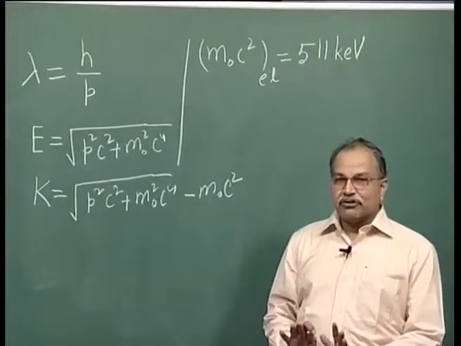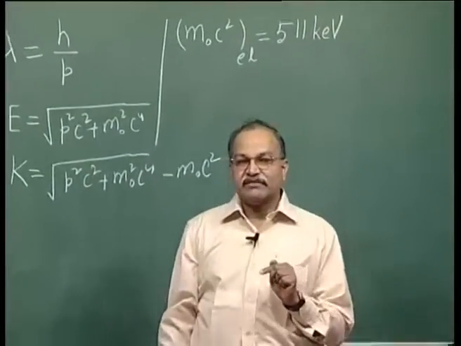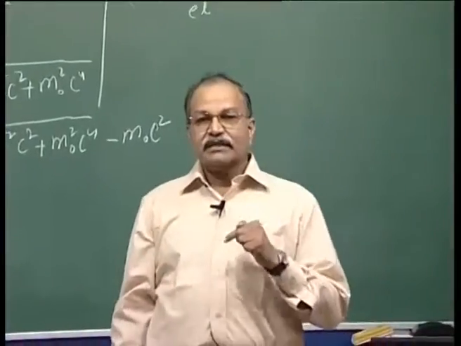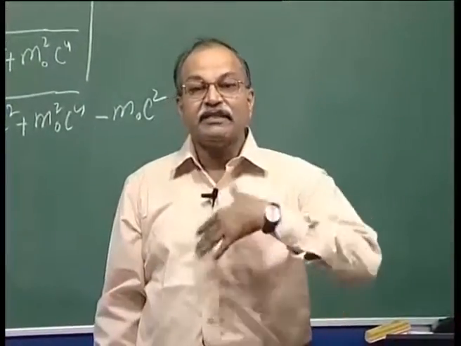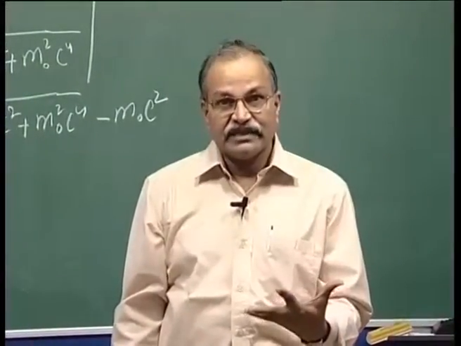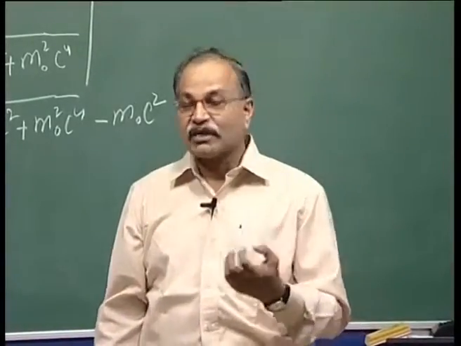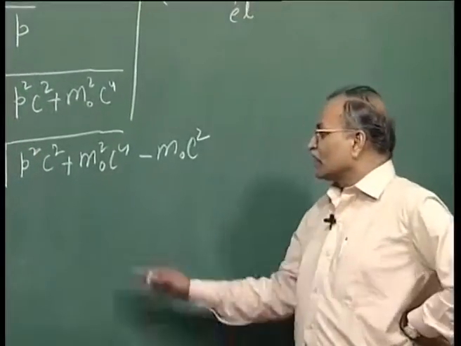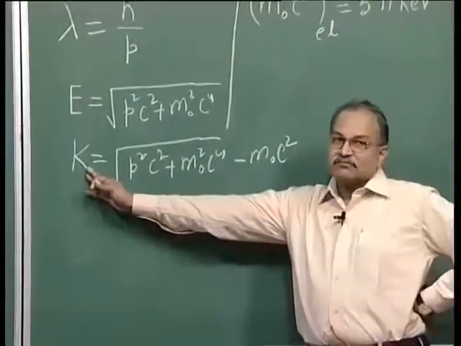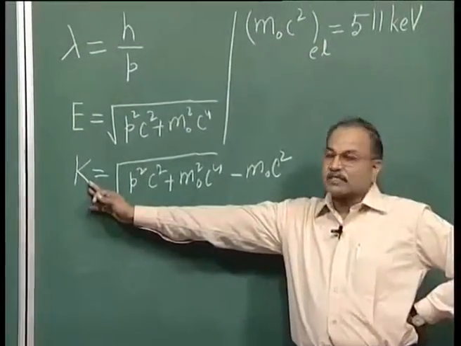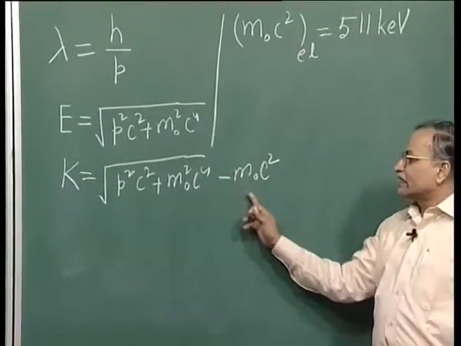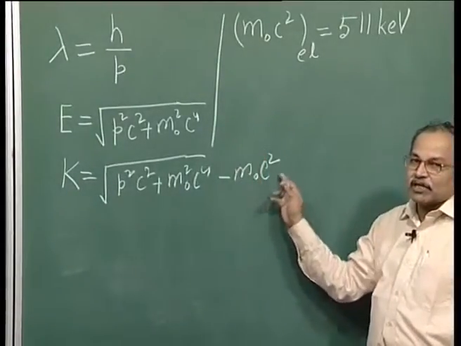Now, if the rest mass energy is 511 keV and the kinetic energy is many times of that, if the kinetic energy is large as compared to the rest mass energy, then what happens? If kinetic energy is large with respect to the rest mass energy, probably you will neglect this minus m naught c square from here.